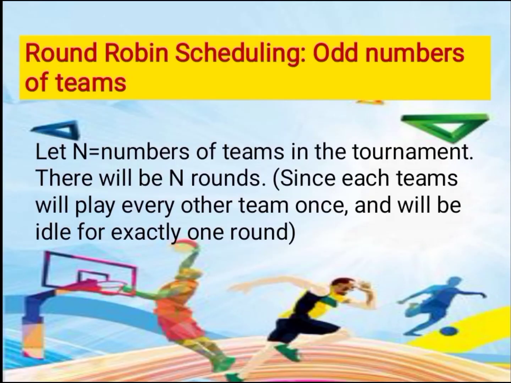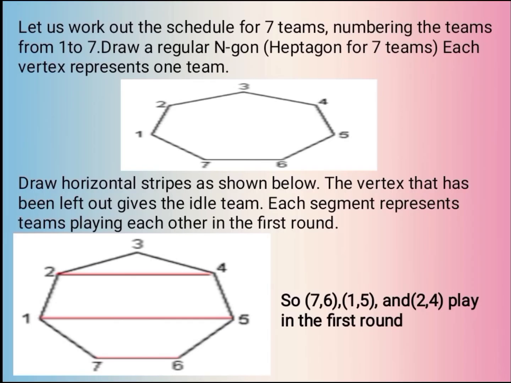So next, round robin scheduling for an odd number of teams. Let n be the number of teams in the tournament. There will be n rounds, since each team will play every other team once and will be idle for exactly one round. So let us work out the schedule for 7 teams, numbering the teams from 1 to 7.